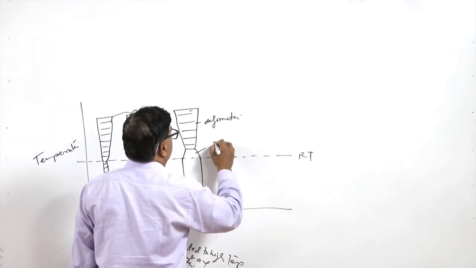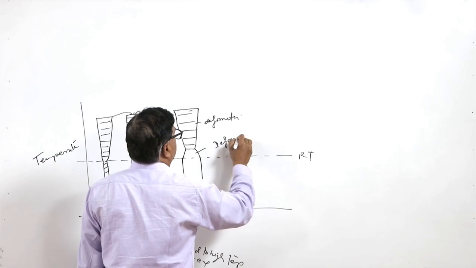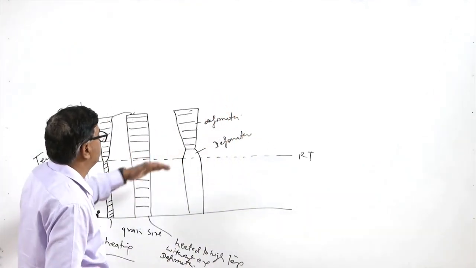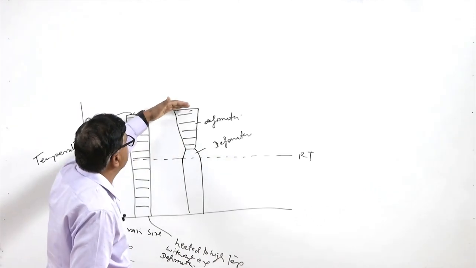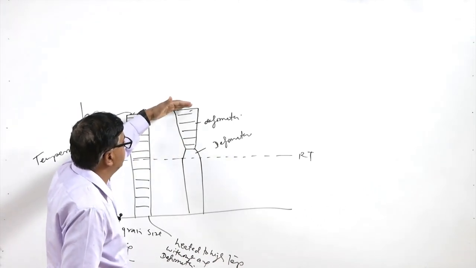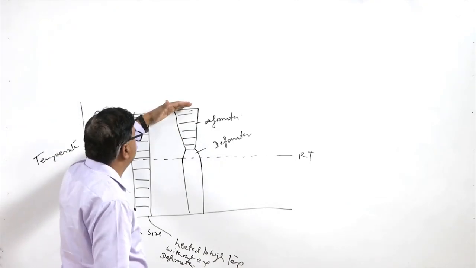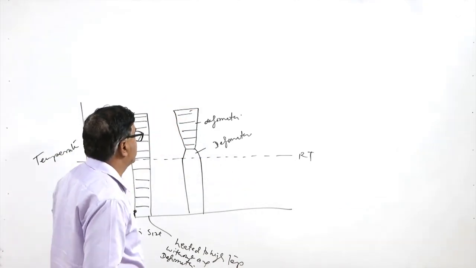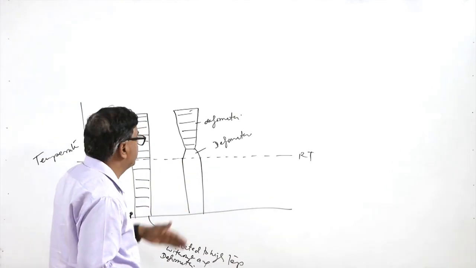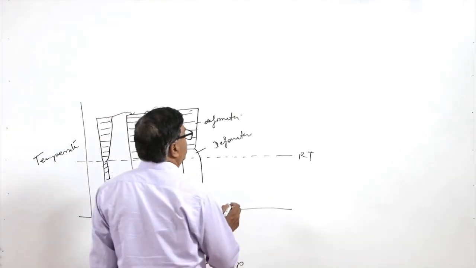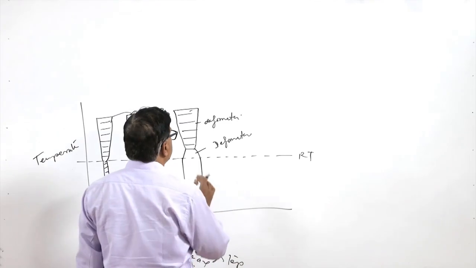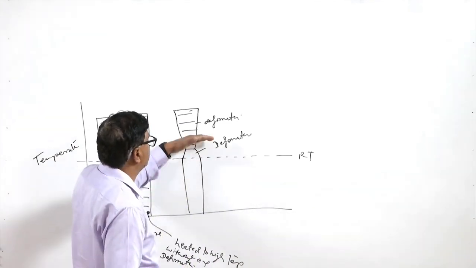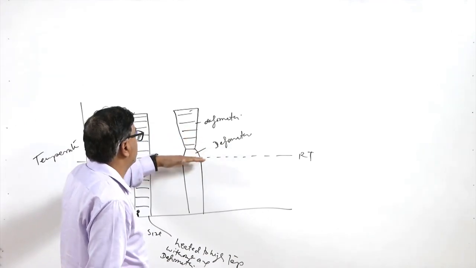So, the deformation of the metal must not be stopped above the recrystallization temperature. If the metal is being deformed at the high temperature during hot working, then the deformation should end just at the recrystallization temperature, because thereafter there will not be any refinement, there will not be any coarsening. Since in this case the deformation was stopped above the recrystallization temperature, that is why it has got coarsened.